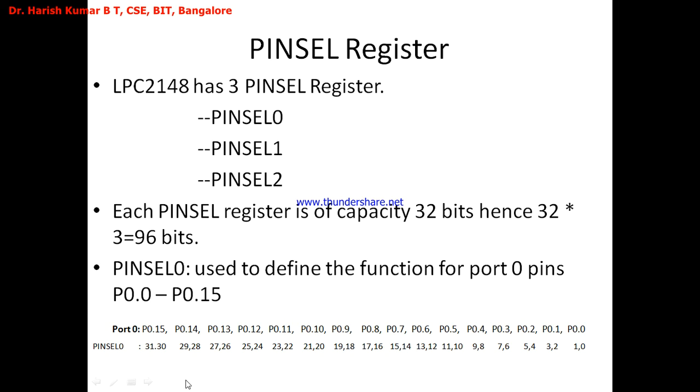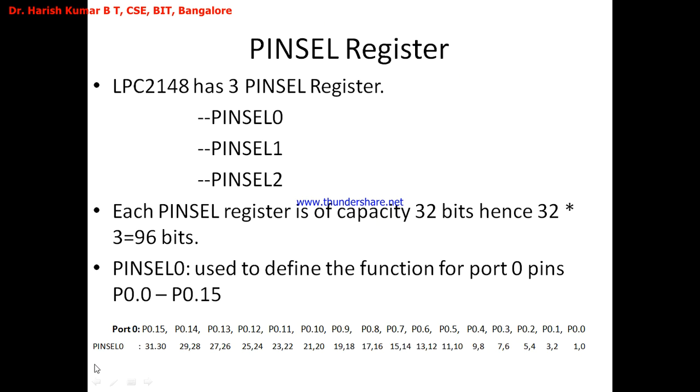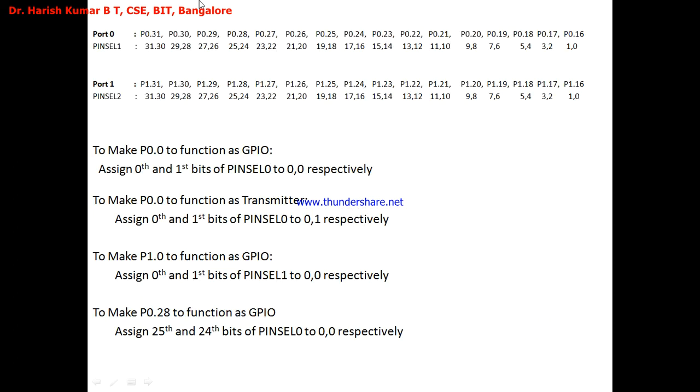And similarly, what if I want to define the functions for the port pins 0.16 to 0.31? Then I'll make use of PINSEL 1. PINSEL 1 is for selecting the functions of the port 0 pins from 0.16 to 0.31. PINSEL 1 is again a different 32-bit register.